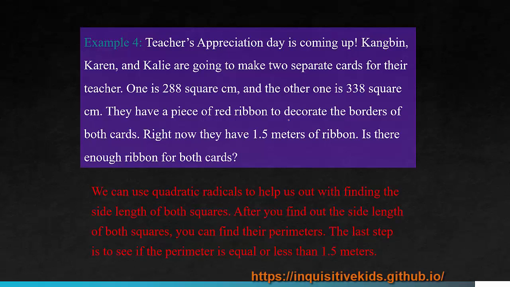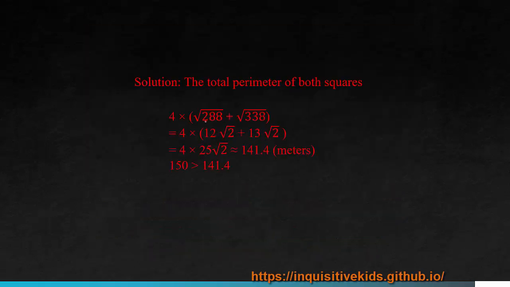Again, we can use quadratic radicals to help us out. First, we know that these are squares, so that's where square roots and arithmetic square roots will come in handy. This is the side length of the first card, and this is the side length of the second card. Since a square has 4 sides, we're going to times 4 to it.